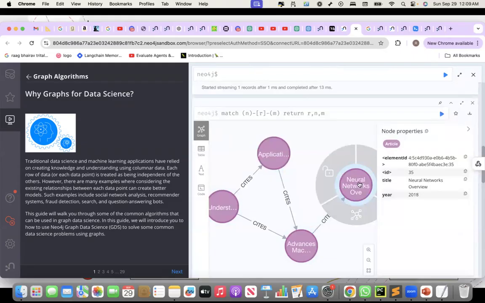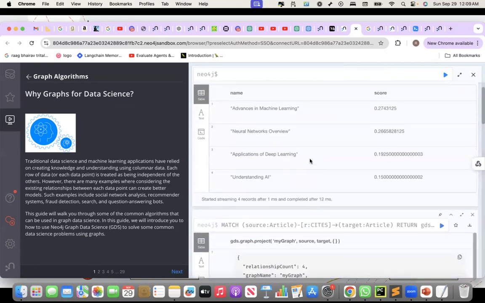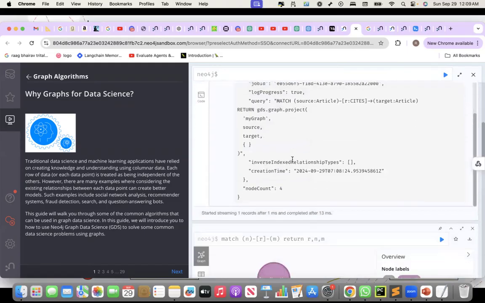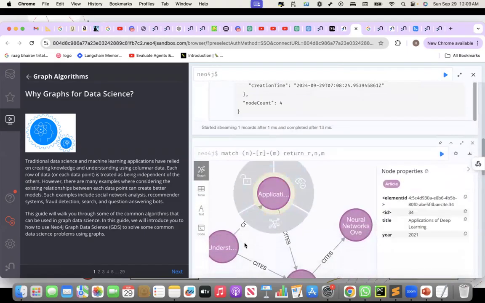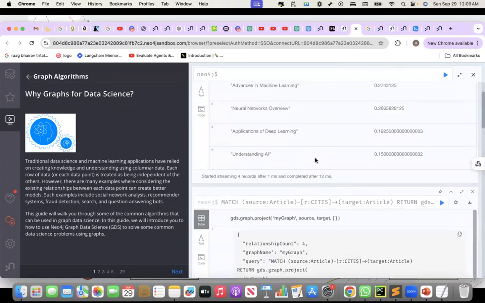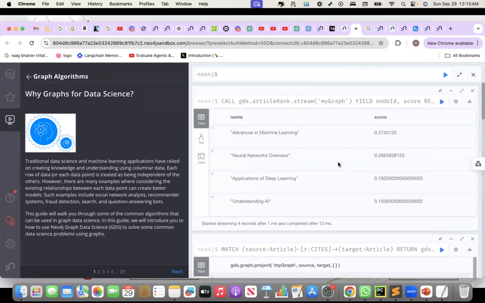So Neural Networks should be the second one. Let's see if that is true. Yep. Applications of Deep Learning is the next one because it has only one citation and this does not have anything. Understanding AI has the lowest article rank.